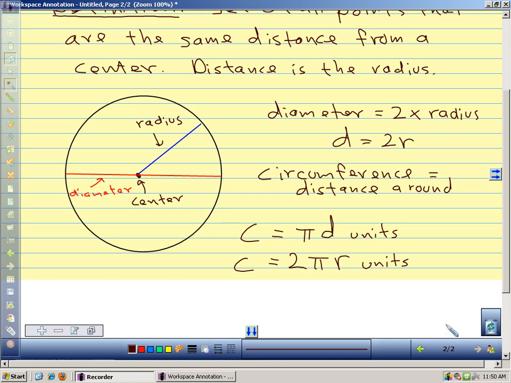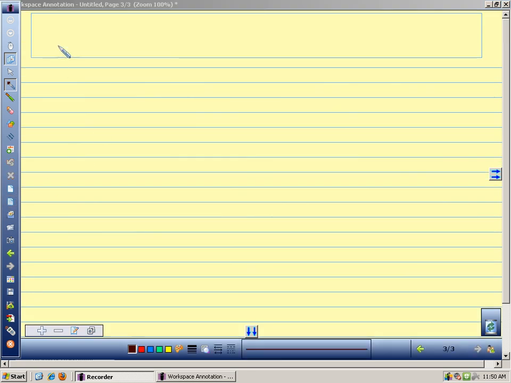And this is really the first time that we've used pi. So I want to talk about pi for a second, because pi is one of the most important numbers in math. Pi is a very special number. It comes up in a lot of different places, not just with circles.